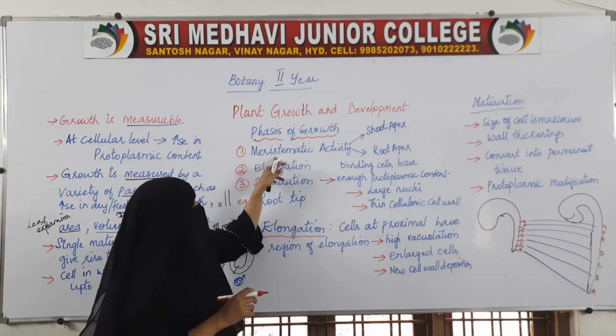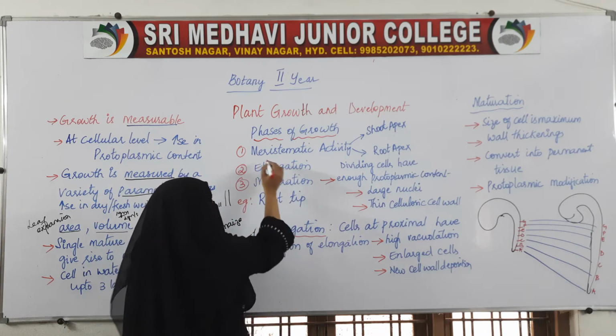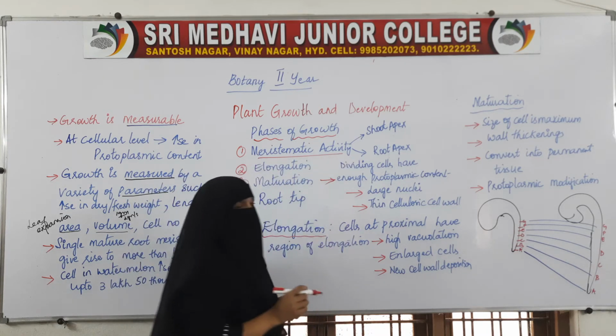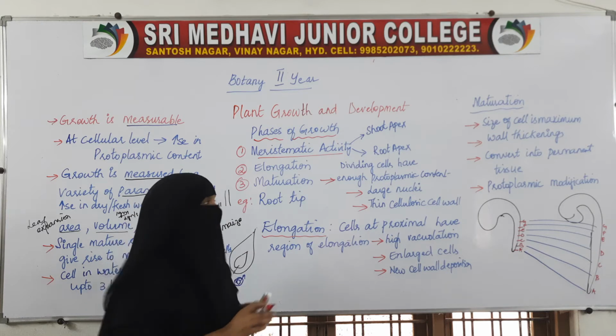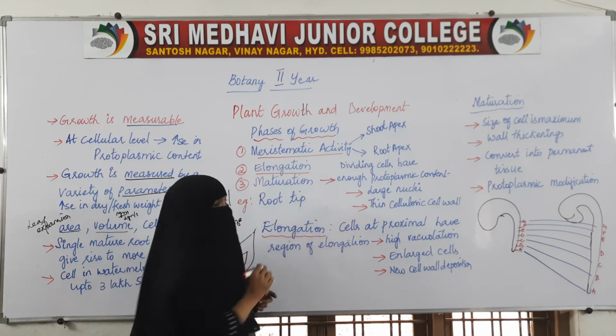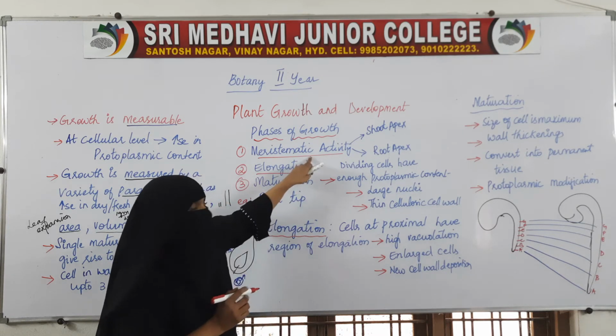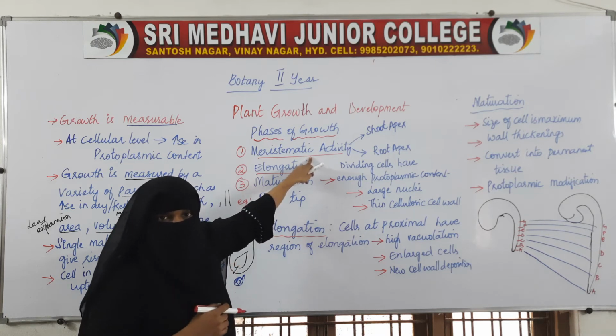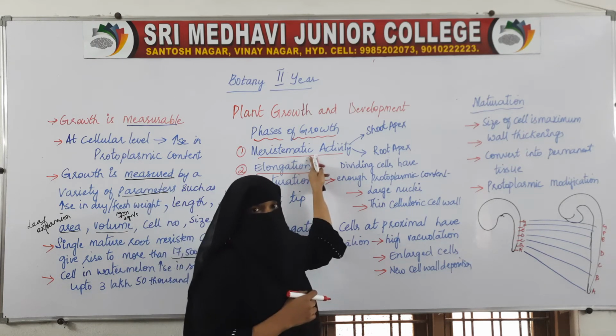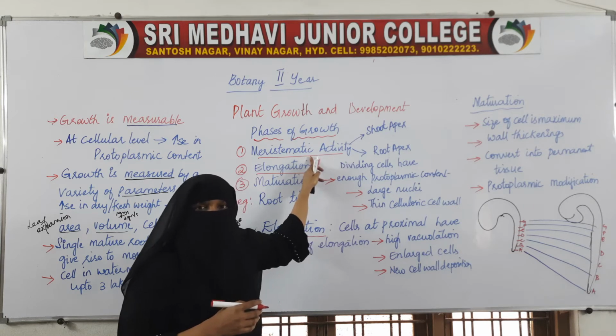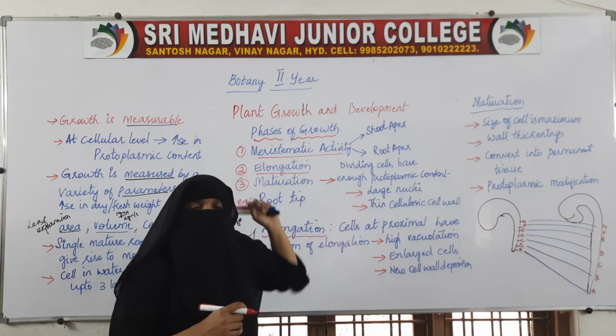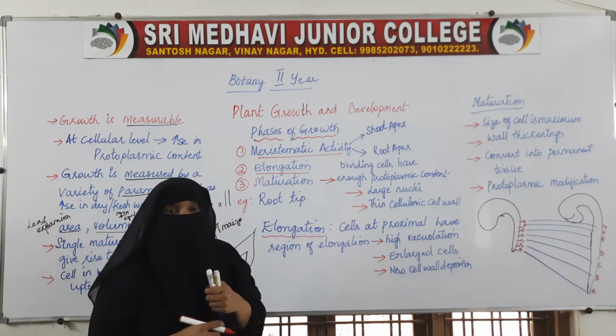Here the first phase of growth is meristematic activity. The second phase is elongation. Meristematic activity in the sense production of new cells. The meristematic cells will be continuously dividing and producing a large number of cells.